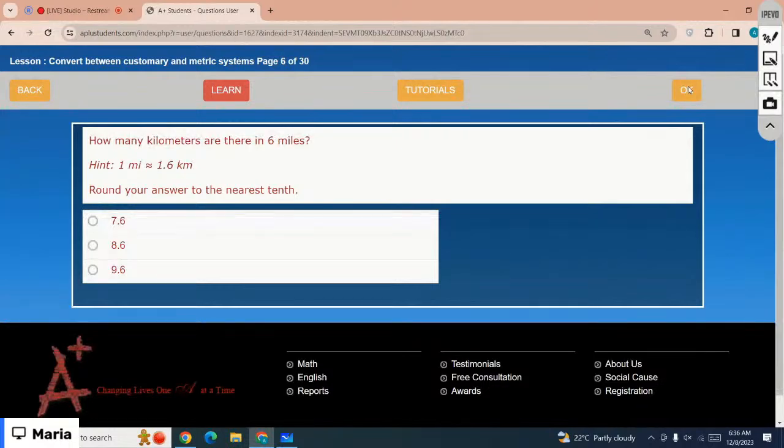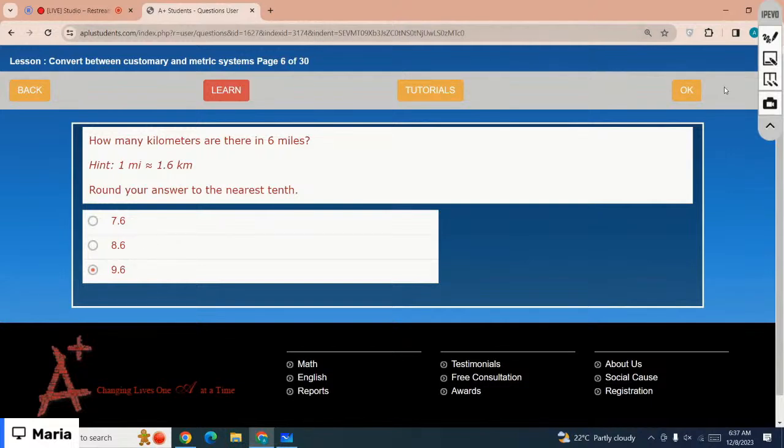Okay, the next one is how many kilometers are there in 6 miles? Which is the correct option? Yes, the correct option is 9.6.